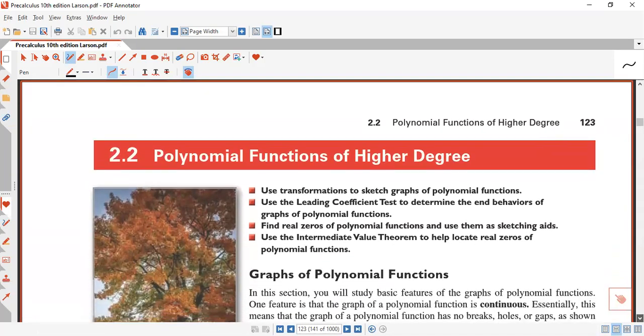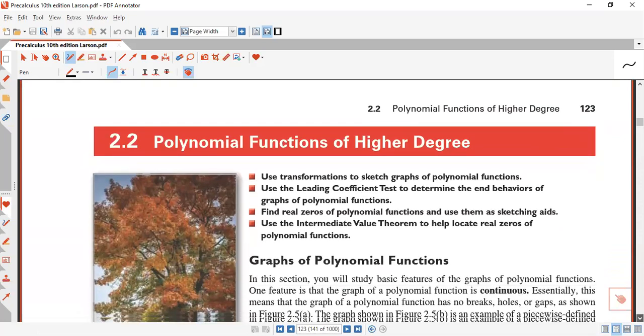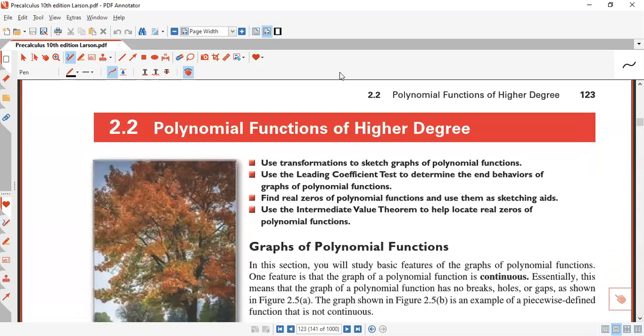So first of all, recall what is in fact a polynomial function.